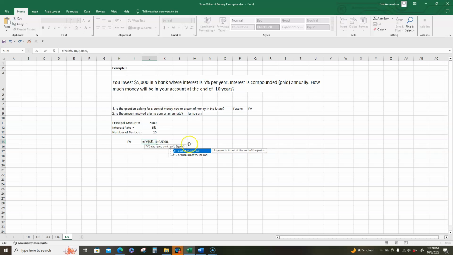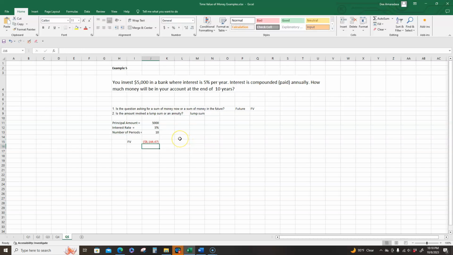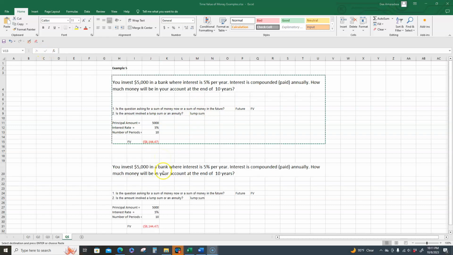And then the type we can ignore, because we're not looking at an annuity. So future value, 5%, 10 periods gives you $8,144.47. So at the end of 10 years, the account will be worth $8,144.47.